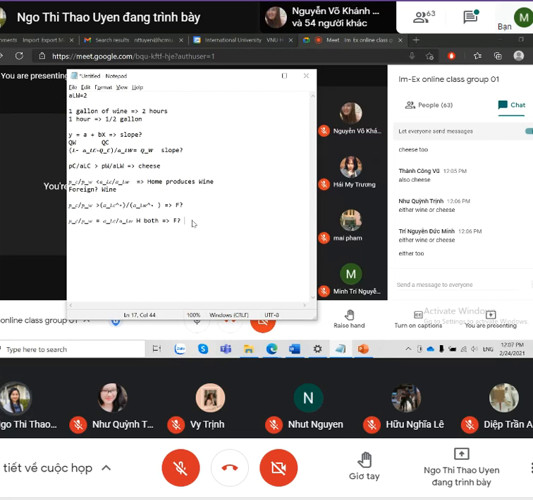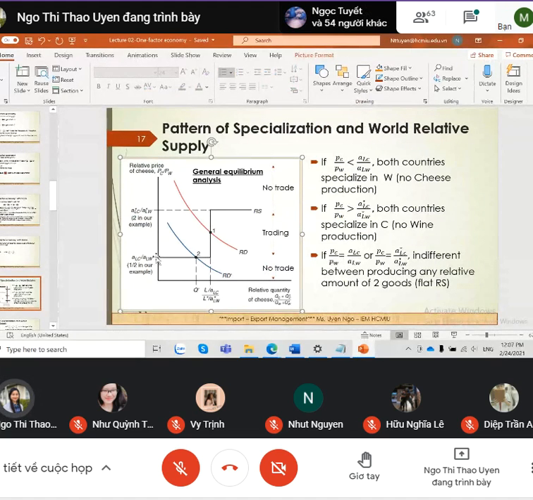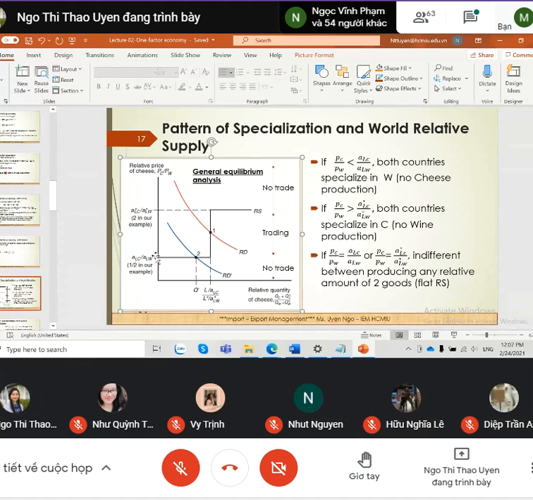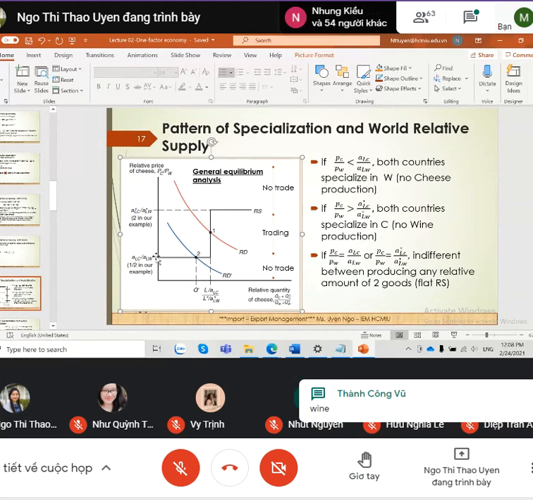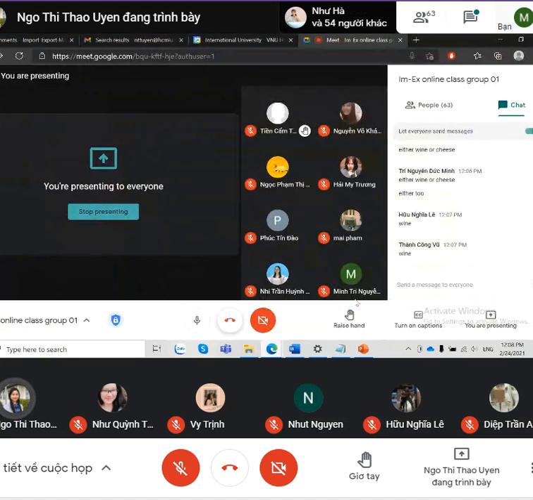Everyone, think again. Look at the graph. When the relative price is exactly here, home will produce both things. But foreign, what will foreign choose to specialize in?